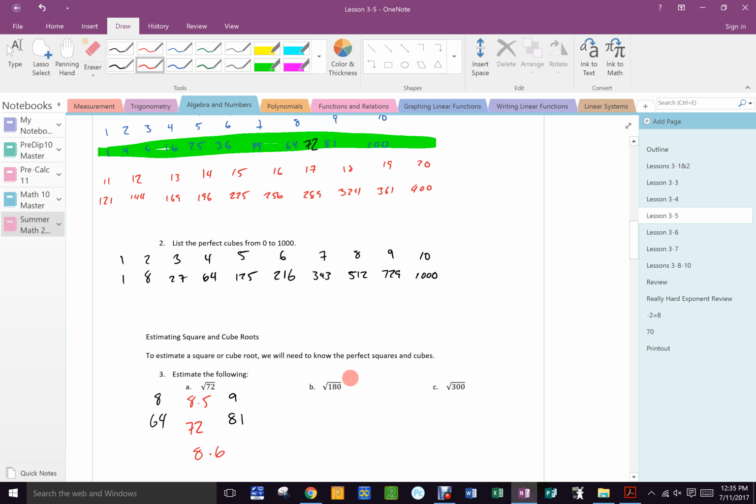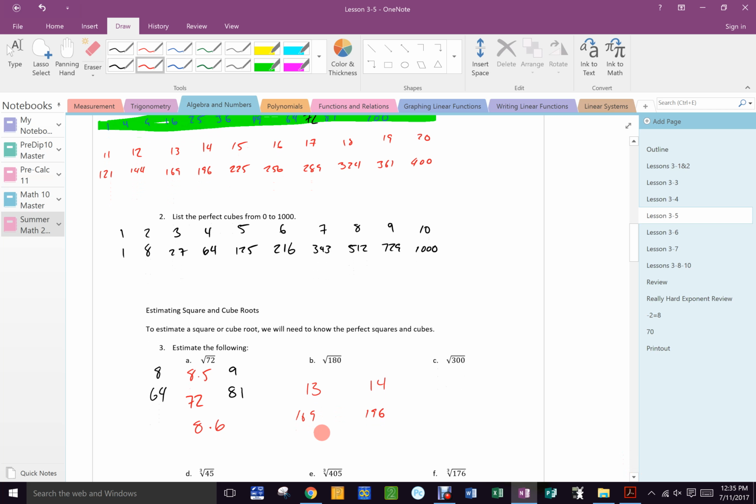What's the square root of 180 going to be? Where does it fit in? So it's 13, 14. 13 squared is 169, 14 squared is 196. Is 180 closer to 13 or closer to 14? It's closer to 13, isn't it?